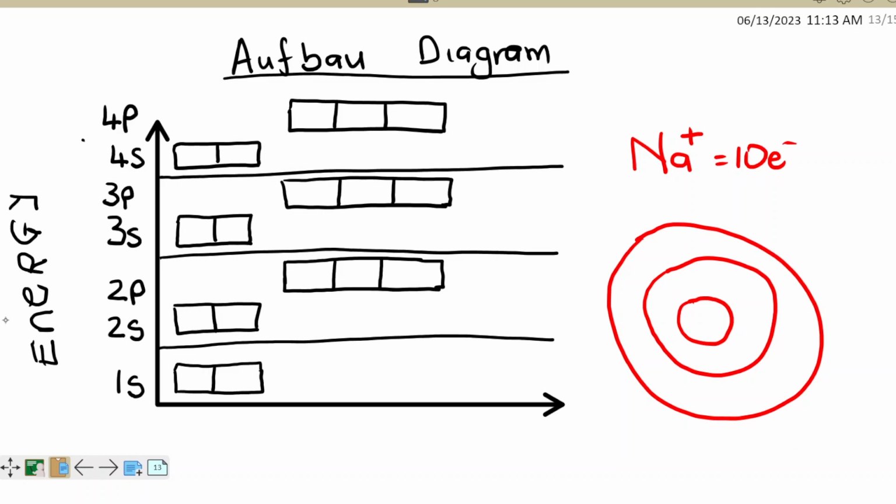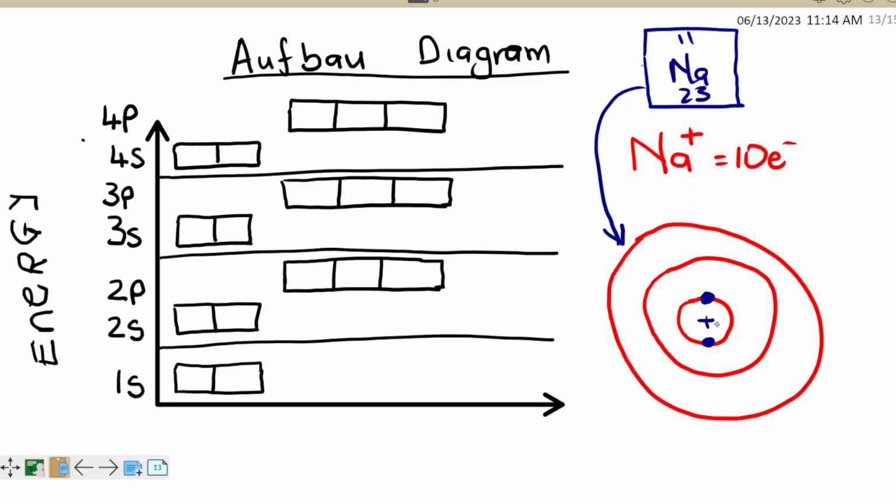Remember, the sodium according to the periodic table has 11 electrons. So I want to draw the Bohr model of the sodium first with 11 electrons. We know in the nucleus, the first energy level, this first orbital, is going to have 2 electrons. We call it the 1s orbital.